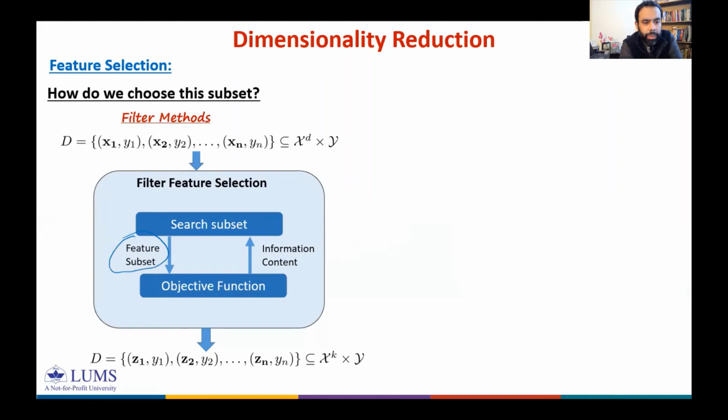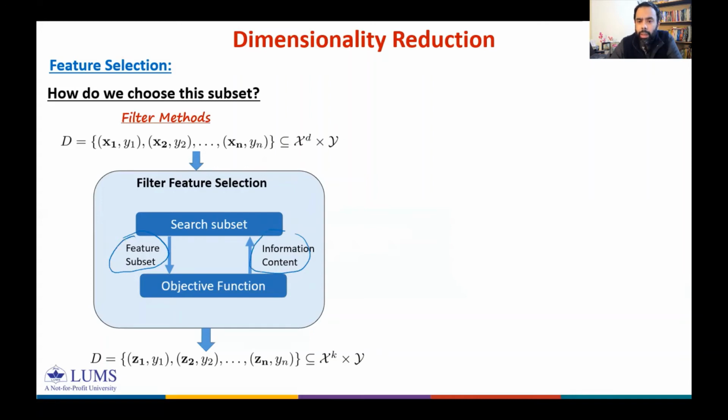If this subset contains sufficient information or the desired amount of information, you pass on that subset to the output. So if you see here, we have not taken into account the learning algorithm in filter methods. We are only finding out the information content or the relationship between output and input, but not the underlying learning method or the underlying classifier you are using in your model.